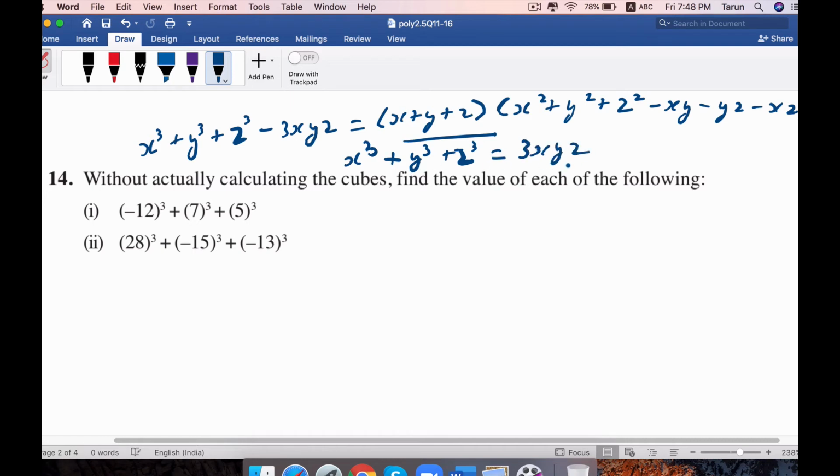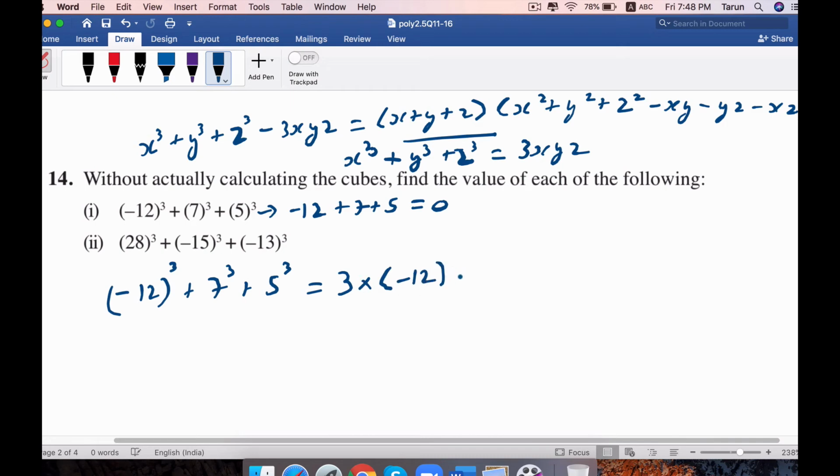So this is what we will be relying on here. I can clearly see that in the first part, minus 12 plus 7 plus 5 will give me 0. So I can simply solve minus 12 whole cube plus 7 cube plus 5 cube by writing 3 into minus 12 into 7 into 5.